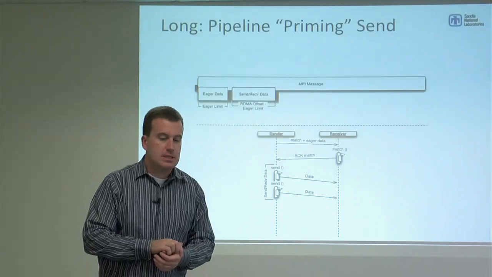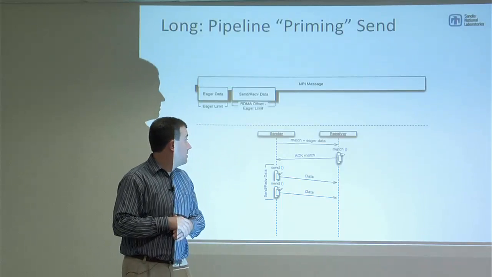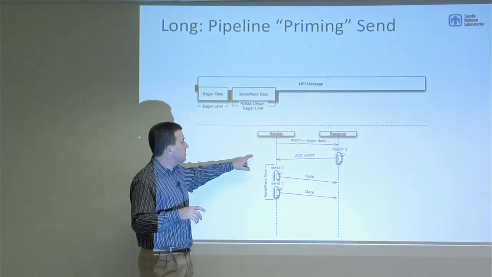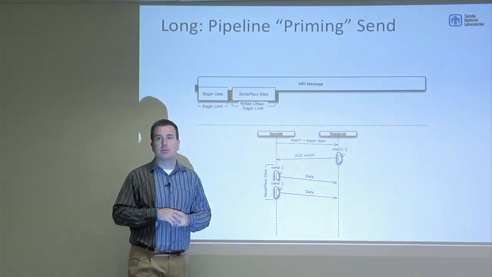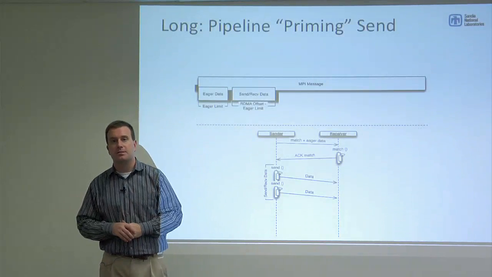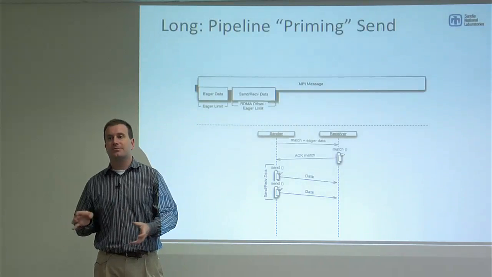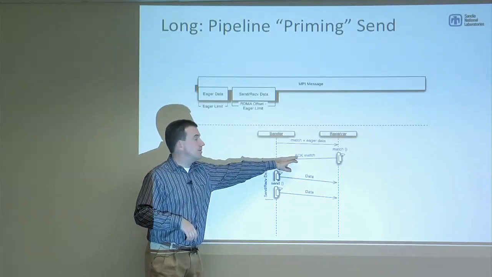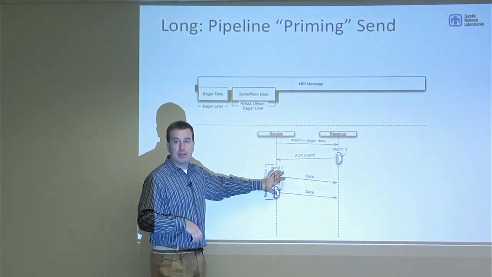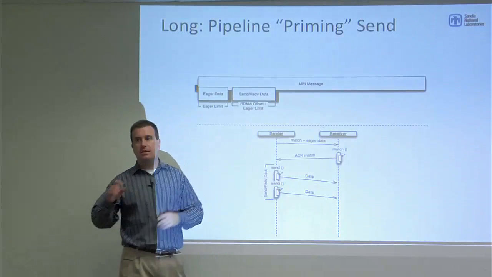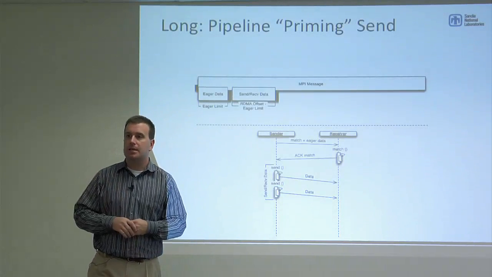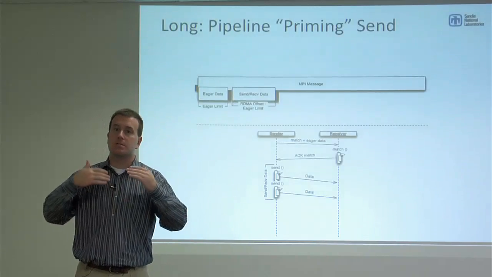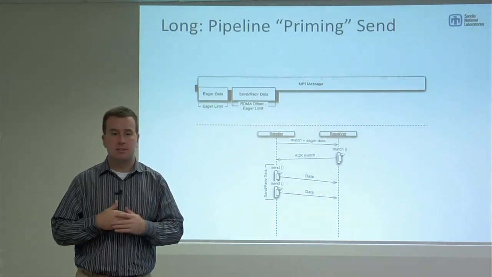And so the way this works, first thing we do, of course, is send the request to send, because on a long message, that's always the first thing we do. When we get the match back, that's a BTL send. We do a couple of BTL sends that instead of sending just a little bit of data, we send whatever the BTL tells us is the maximum amount of data we can send.